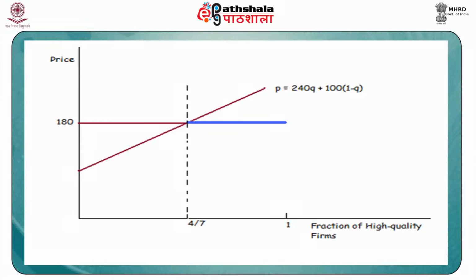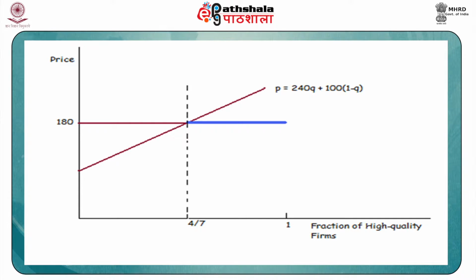The determination of the equilibrium ratio of high quality producers is depicted in figure 3.1. The horizontal axis measures Q, the fraction of high quality producers, and the vertical axis measures the consumer's willingness to pay for an umbrella if the fraction of high quality umbrellas offered is Q. Producers are willing to supply either quality of umbrella at a price of rupees 180.